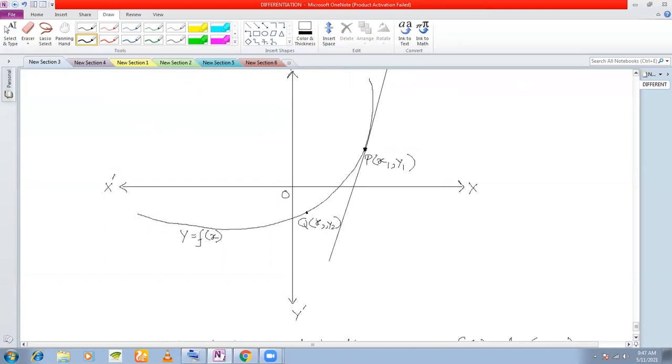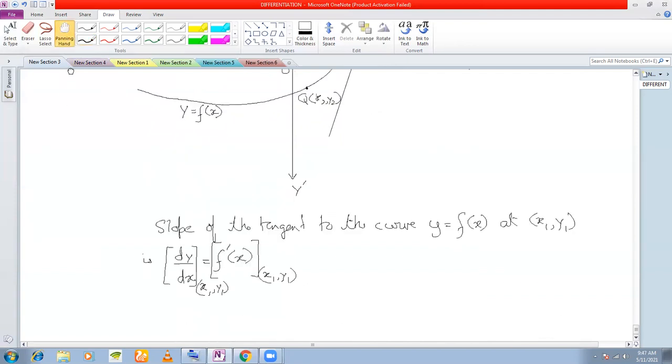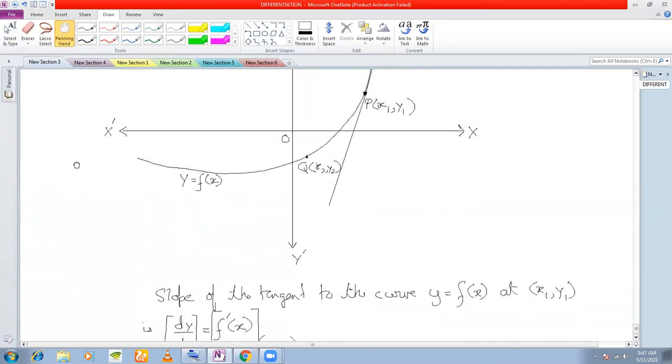Can you tell me what was the definition of slope? Do you remember?